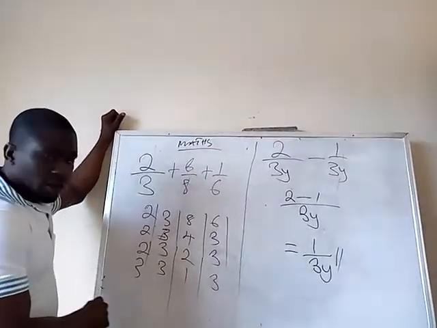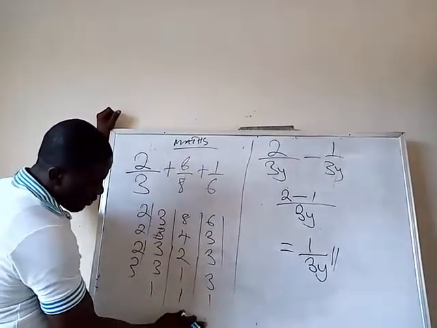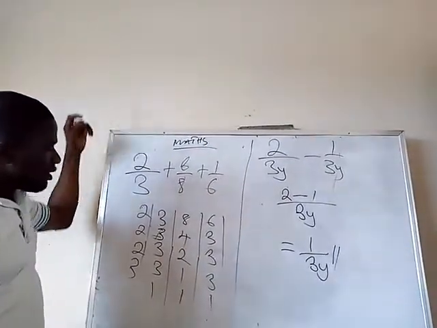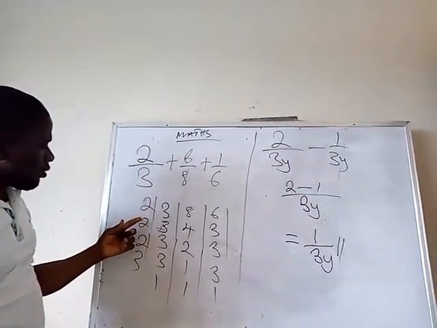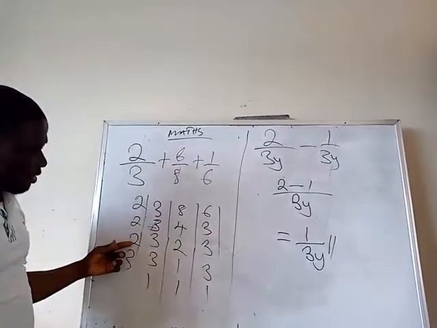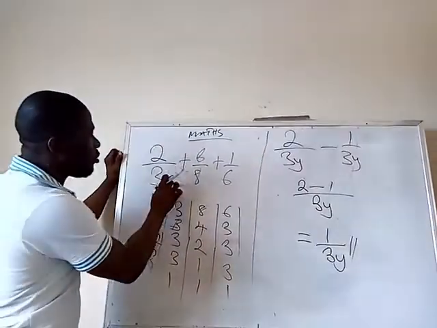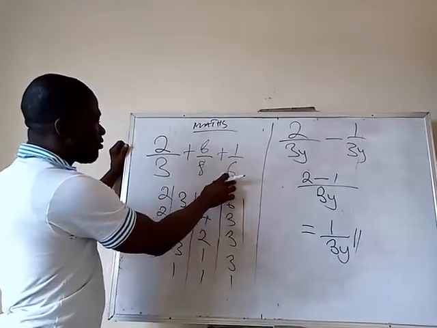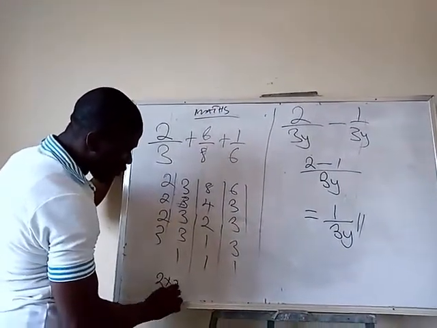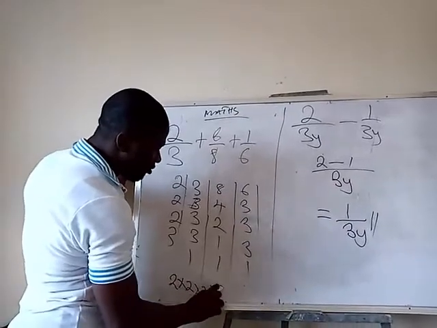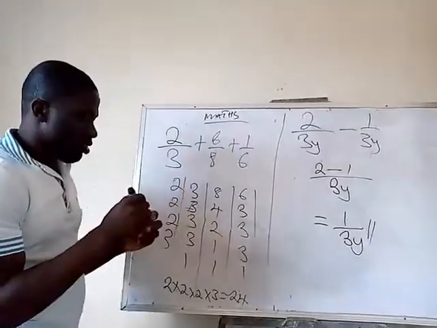We go with 3. Then you have 1, 1 and 1. Now the next thing we do is multiply these. 2 times 2 is 4. 4 times 2 is 8. 8 times 3 is 24. So the LCM of the denominators is 24. We have 2 times 2 times 2 times 3 equal to 24.